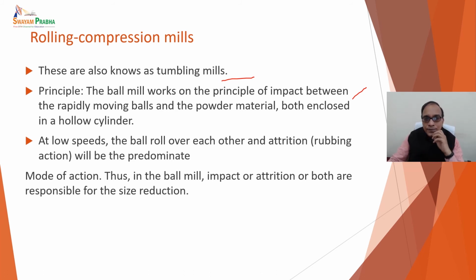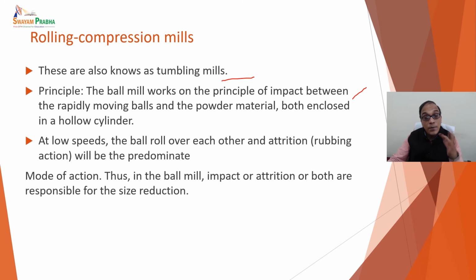We put many solid balls into the housing casing, and the feed is also there. When these are moving, with the help of this motion and the pressure of those balls, compression is done. That's why it is called rolling compression. Rolling movement is there and compression movement is there.